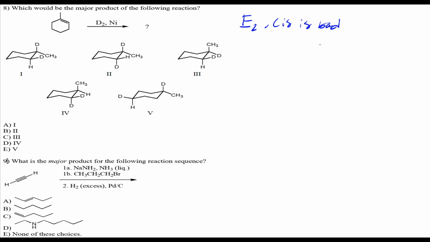Okay, cis is bad, but trans is good, right? So trans hydrogens can form double bonds. Trans deuteriums or whatever can form double bonds. However, cis hydrogens cannot, right? Because that's a lot of steric hindrance. So what we're really asking for is we need a cis hydrogen or we need a cis deuterium, right?